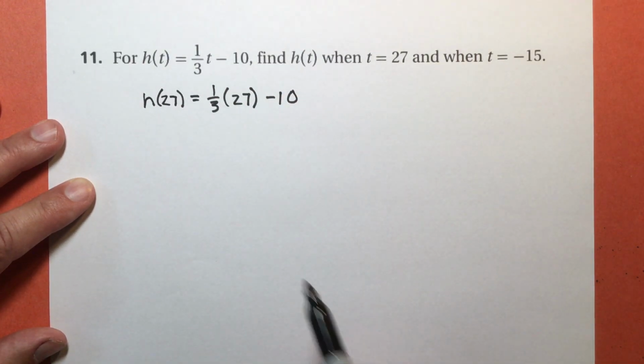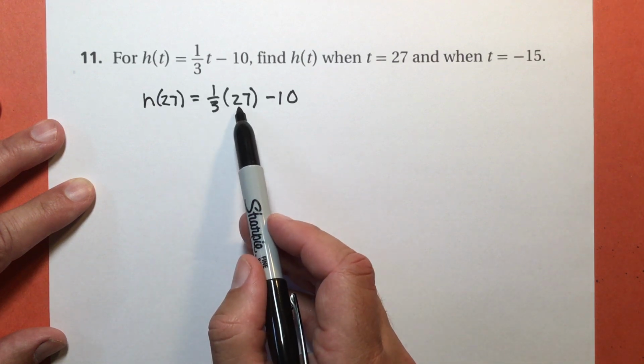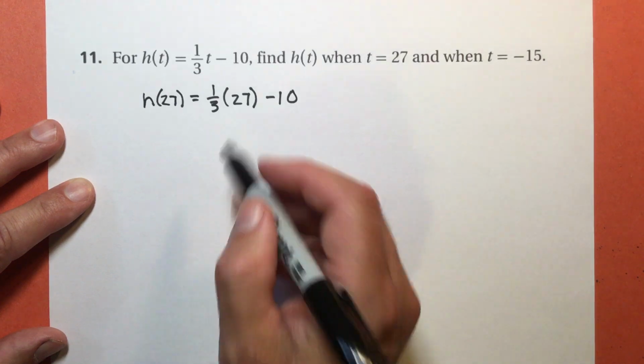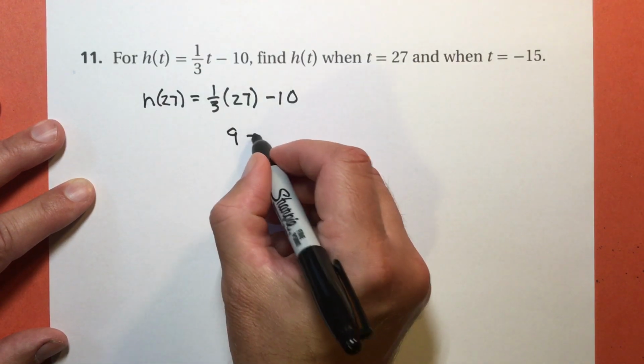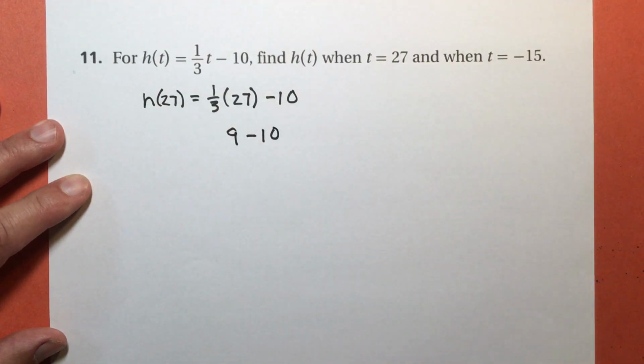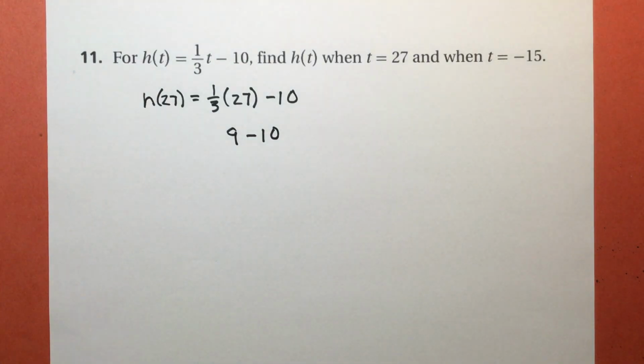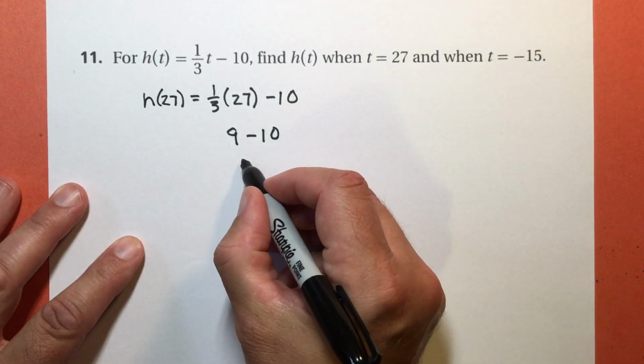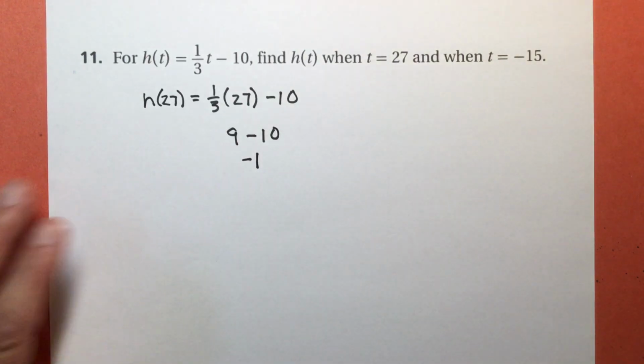All right, you can do this. 1/3 of 27 means the same as 27 divided by 3. 27 divided by 3 is 9. Then 9 subtract 10. If I have 9, but I need to take 10 away, using the takeaway phrase, I don't have enough. So what I end up with is a negative number, that equals -1.